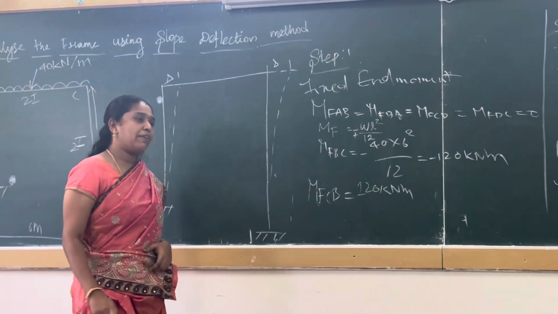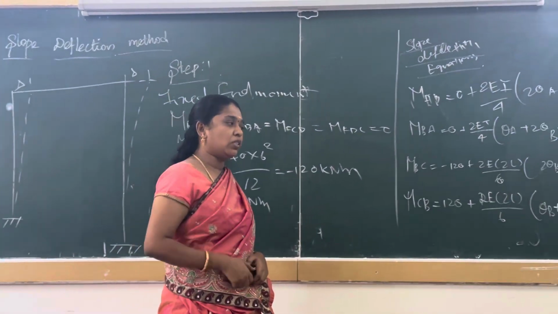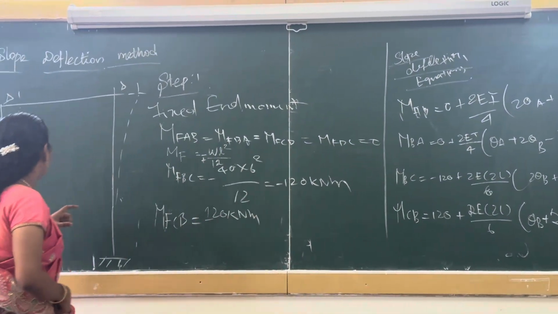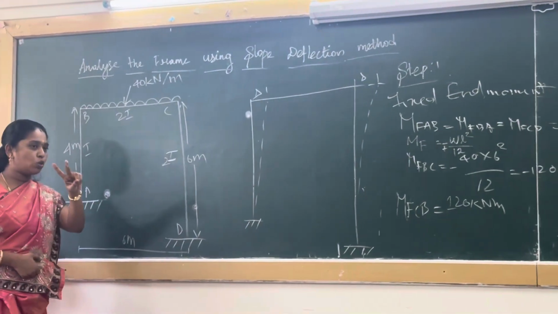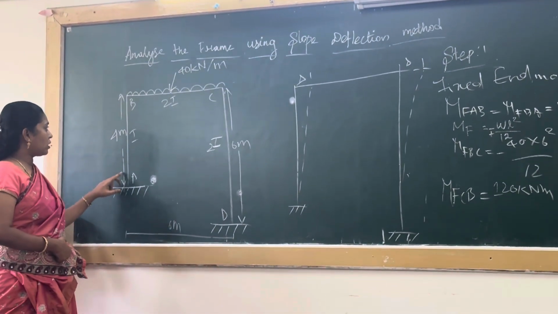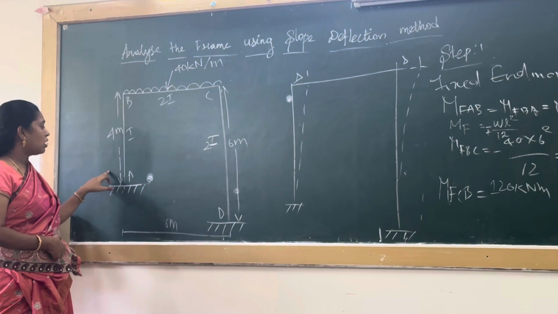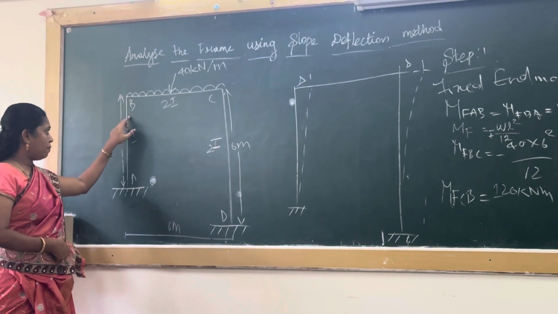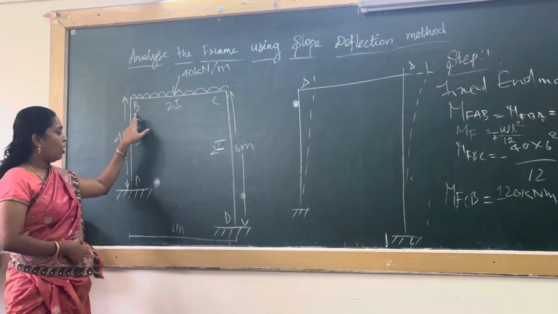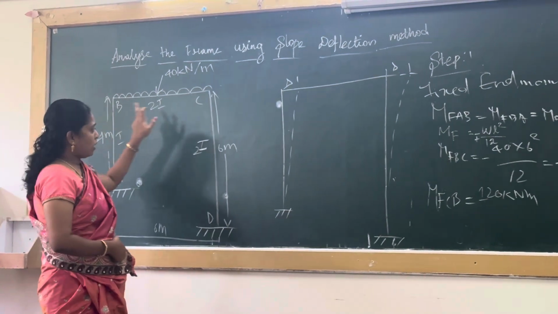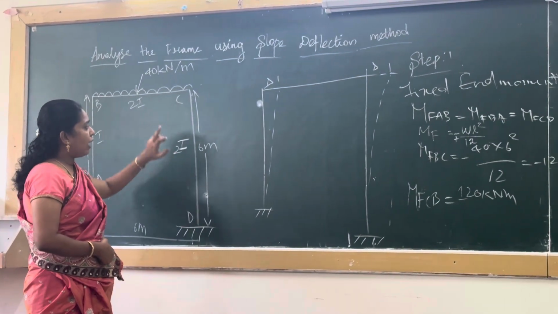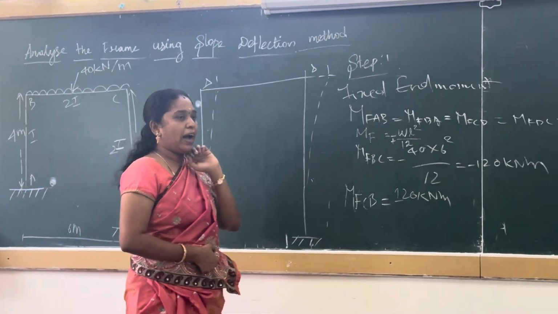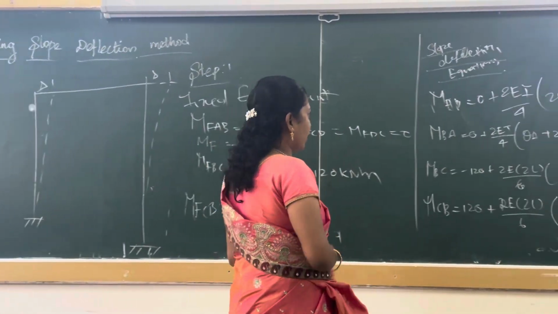Totally we will get 6 equations, because for each span we can write 2 slope deflection equations. For span AB we can write AB and then BA, for BC and then CB, and then CD and then DC. Totally we will have 6 slope deflection equations.